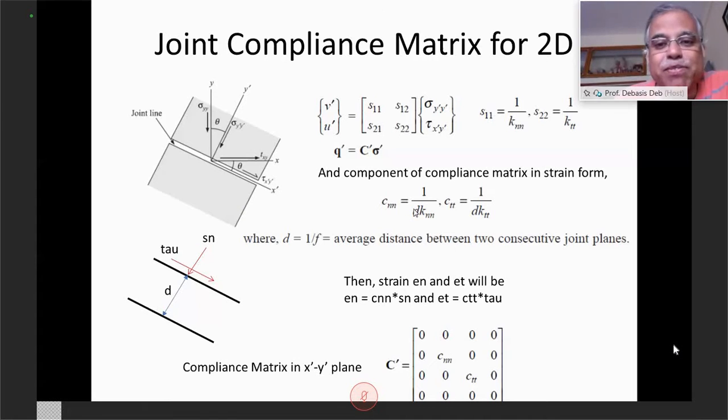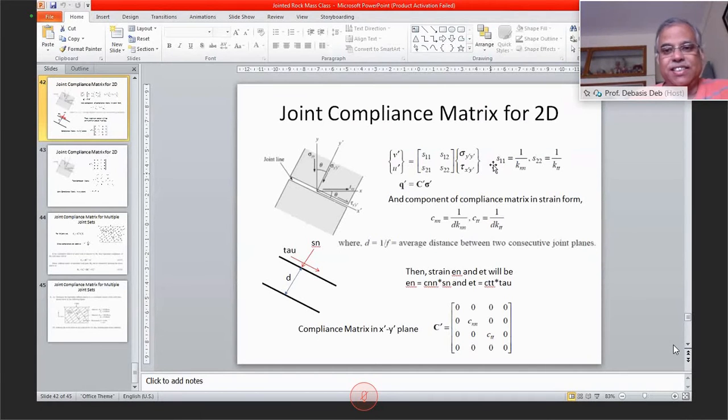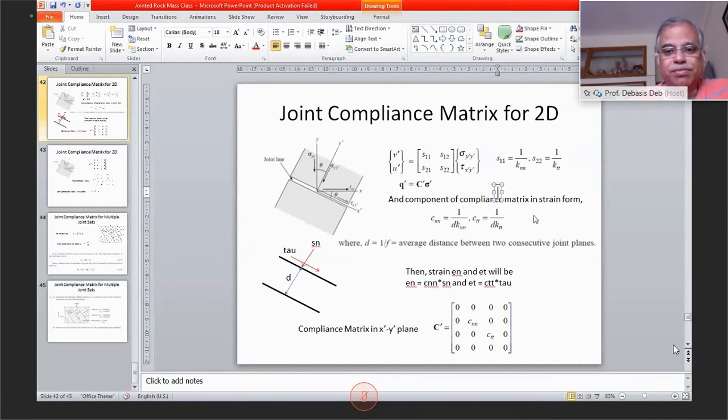So if it becomes V by D, this Knn is related to what? Sigma. So I write that. Then let me write it down. See, this Knn is related. See, Sn is equal to Knn into V. Let's say V dash, whatever in that direction.